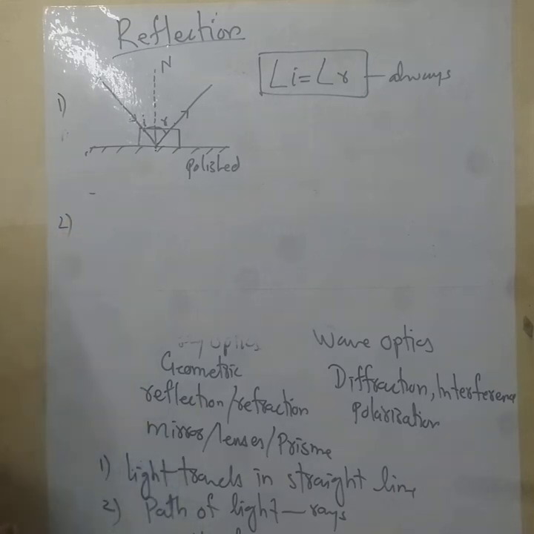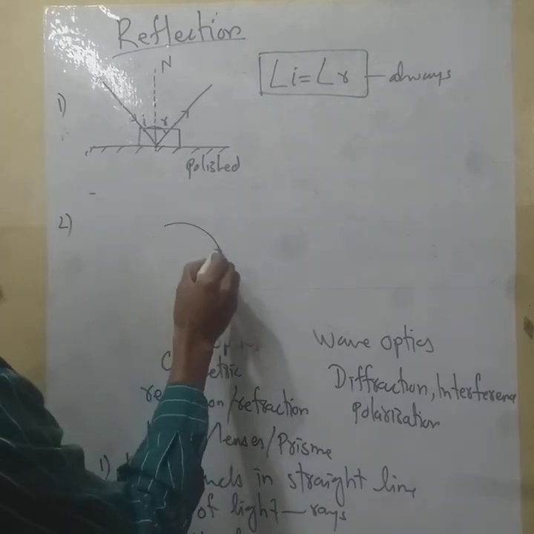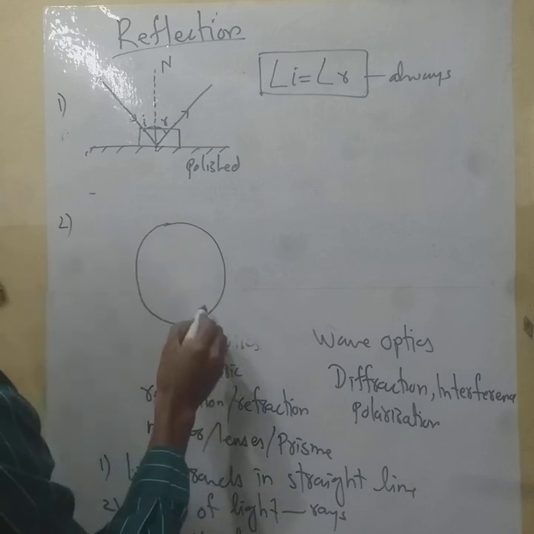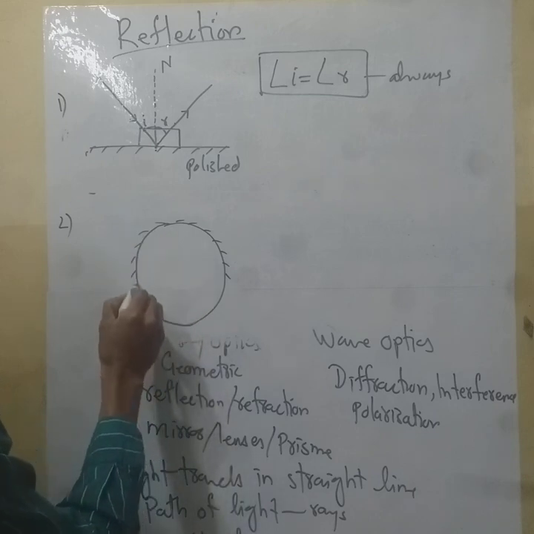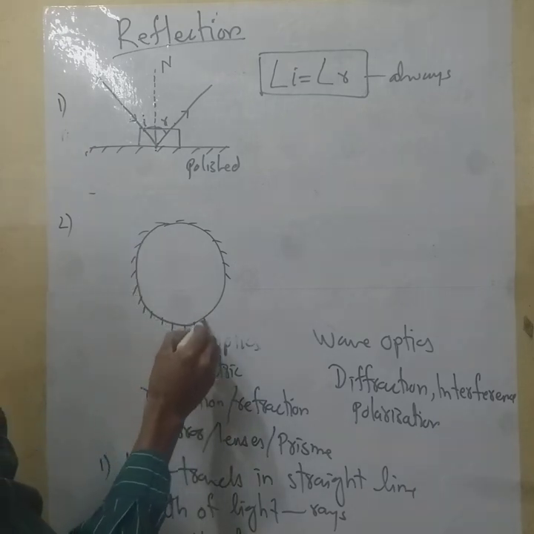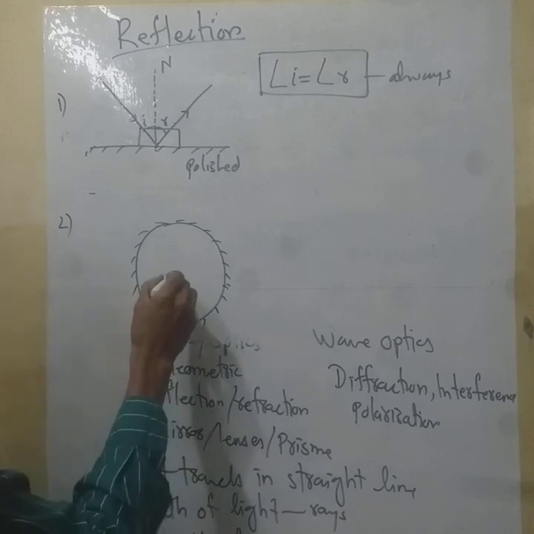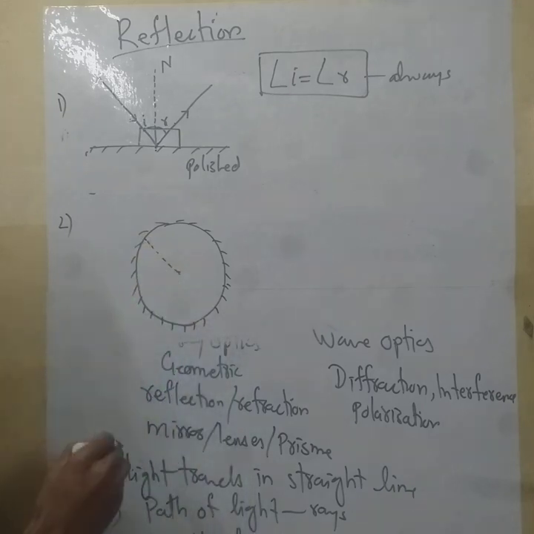Case 2, suppose we have a spherical surface. Suppose this is our spherical polished surface. How will the light reflect from this spherical surface? For this we draw a normal passing through the center of the sphere.